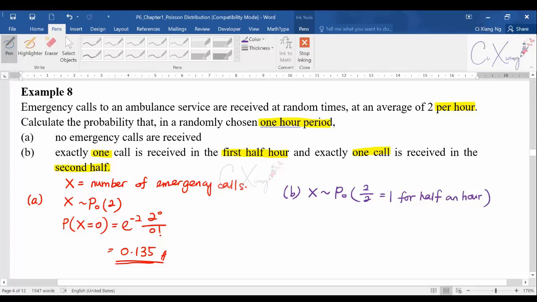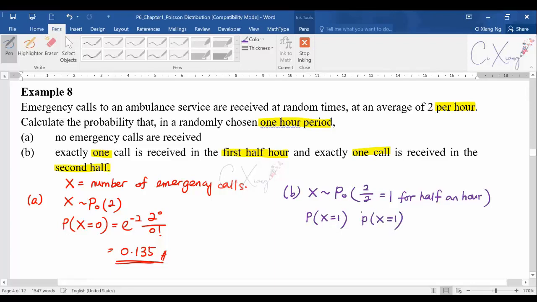So the setting of the question now is, in the first half an hour, you are having 1 call. So when you want to find the probability, it should be X equals 1. This one is for the first half an hour, and then another call is received in the second half an hour. So when you write it out, it should be X equals 1 also.